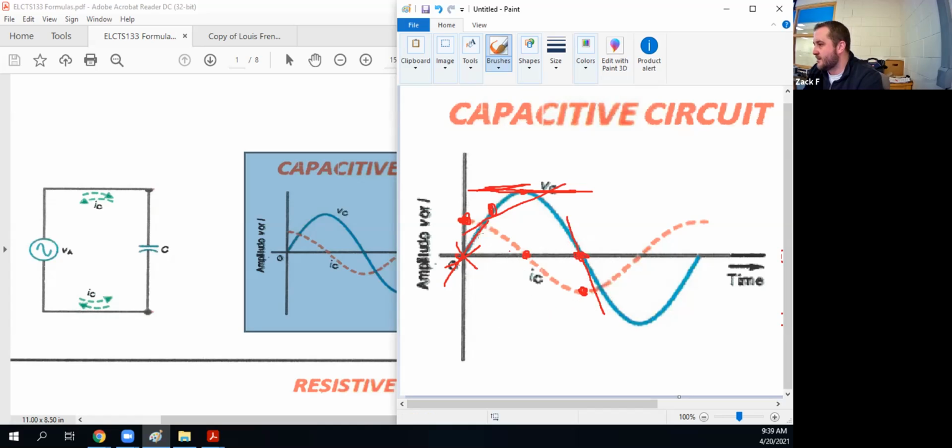You see that? So that's what that question is saying. The current is at its maximum where the voltage at the capacitor is changing at the most maximum rate. You have to really dial down to a specific point in time on the sine wave. That's what the question is asking.